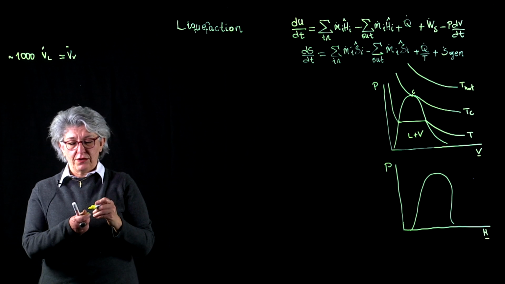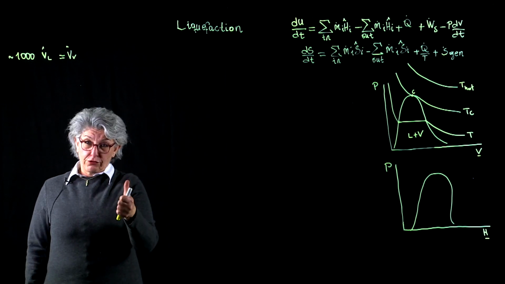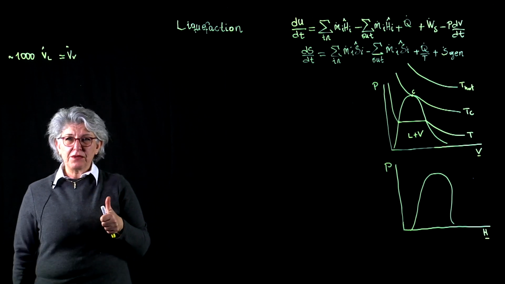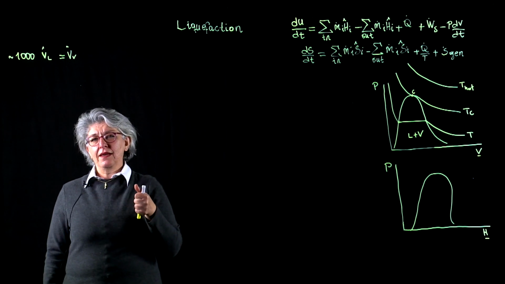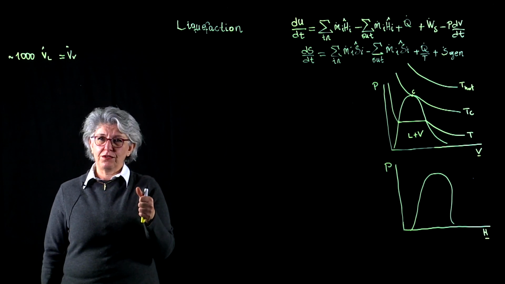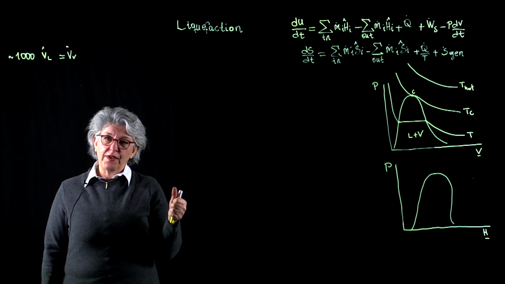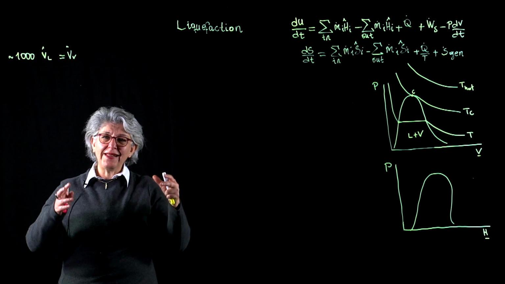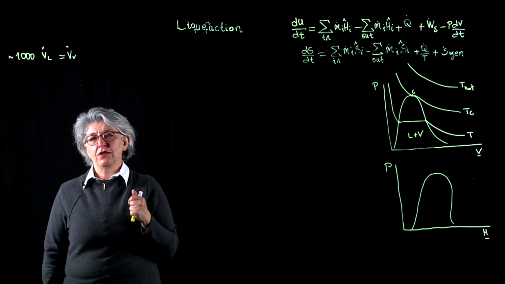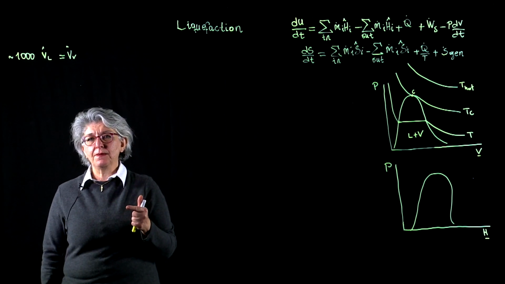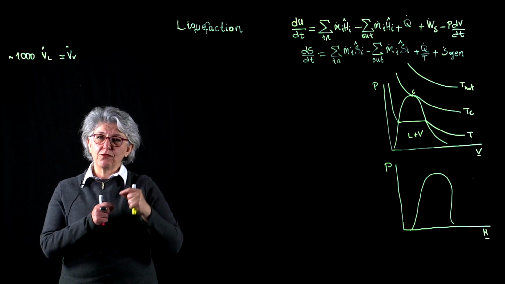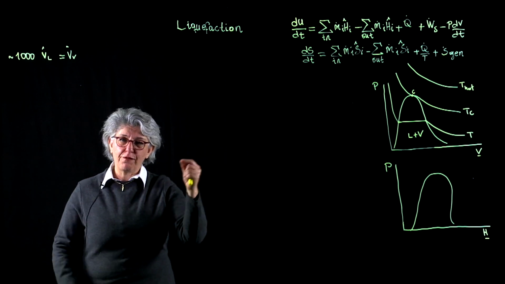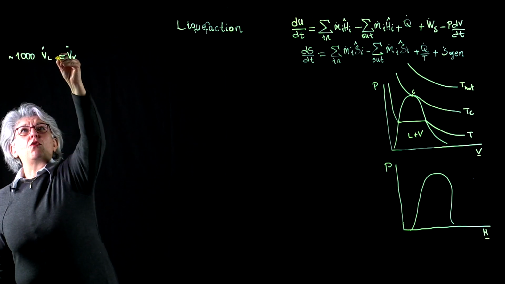Rule of thumb, this is not an exact number: if you take 1 cubic centimeter of water in the liquid phase, if you evaporate, you get 1 liter, order of magnitude, of its vapor. So the ratio is 1 to 1,000. It's an order of magnitude.